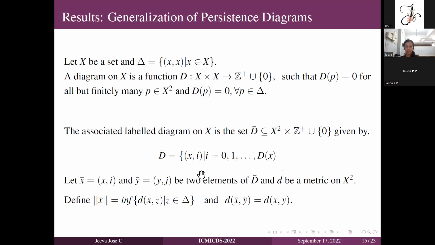So this associated label diagram has points denoted by X bar and Y bar. So if X bar is a point in the associated label diagram, its norm is defined as the distance from X to the diagonal of the persistent diagram. And the distance between two points, X bar and Y bar, is defined as the distance of X and Y in the set X.